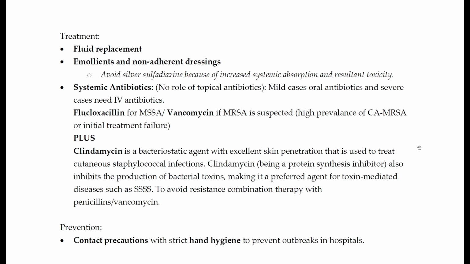But if you suspect that it is MRSA, that is methicillin-resistant Staphylococcus aureus, and that could be because you have a very high prevalence of community-acquired MRSA in your region, or in your hospital, or you have initially tried flucloxacillin and patient did not respond to it, that means the initial treatment failure cases, then you can suspect that it could be MRSA till culture results are available, but they are usually negative. Then you can choose vancomycin. So it will depend which antibiotic you choose.